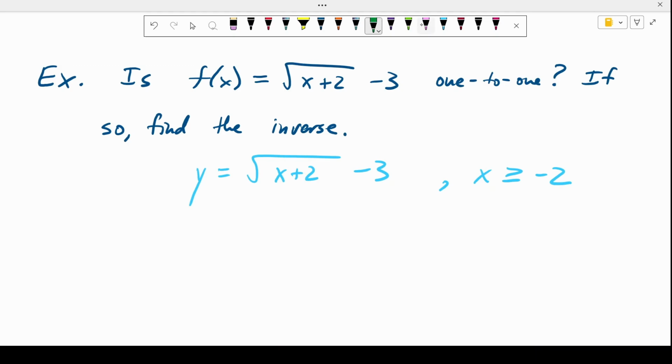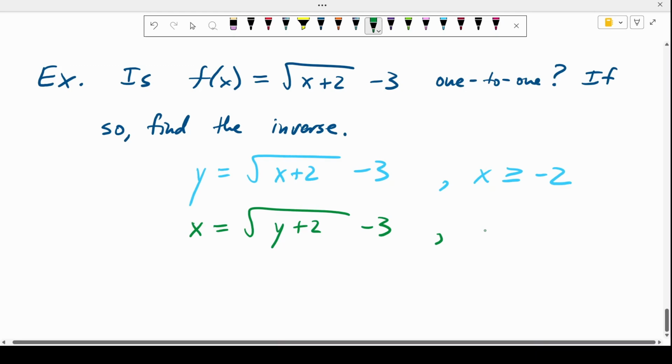So let's go ahead and do that. Let's do it in green. Why not? So I have x equals the square root of y plus 2 minus 3. Now, y is greater than or equal to negative 2. And I solve for y. I'll add 3 to both sides.